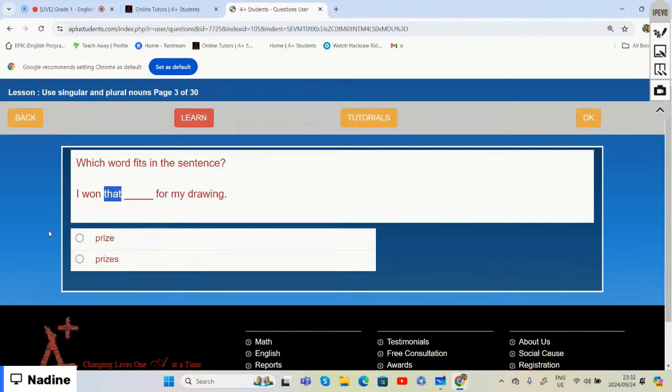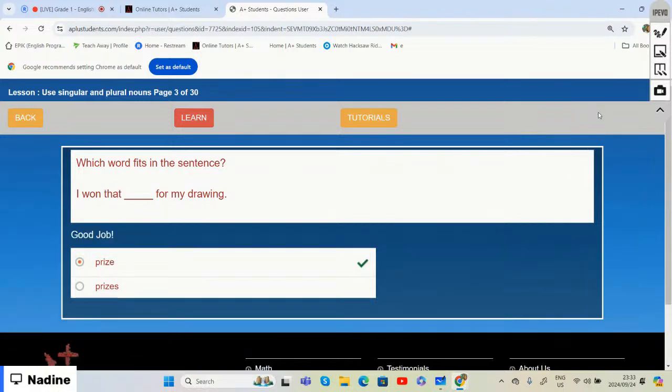If we were to choose the correct option, that is a word we put in front of a singular noun. So we say, I won that prize for my drawing. So option one is correct.